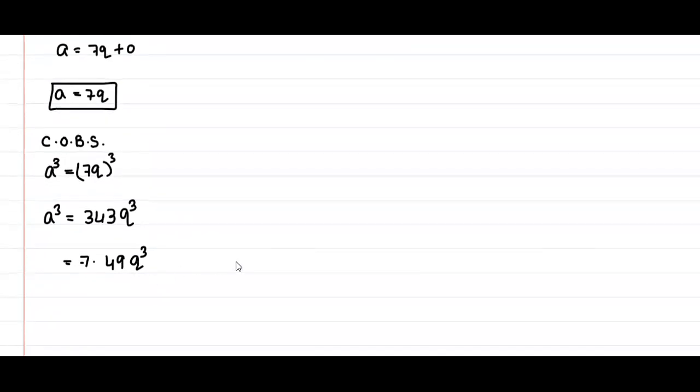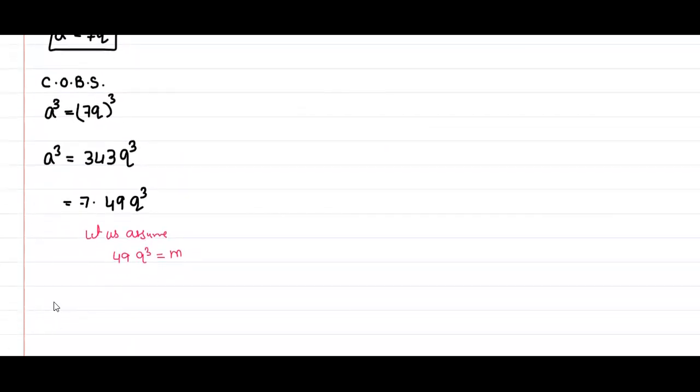Now let us assume 49q cube is equal to m. Then a cube is equal to 7 into 49q cube, which is 7m.